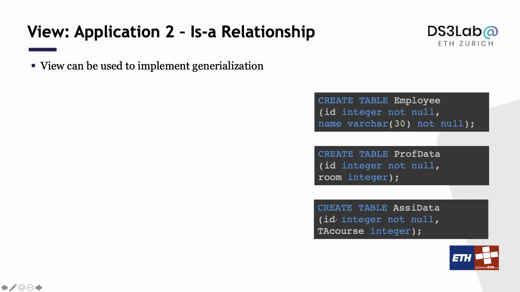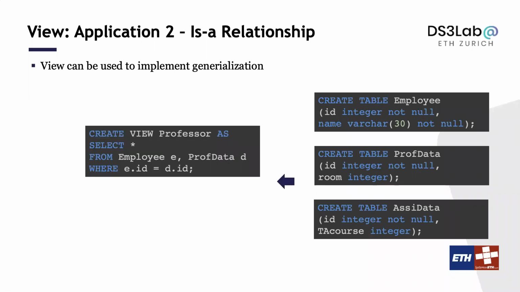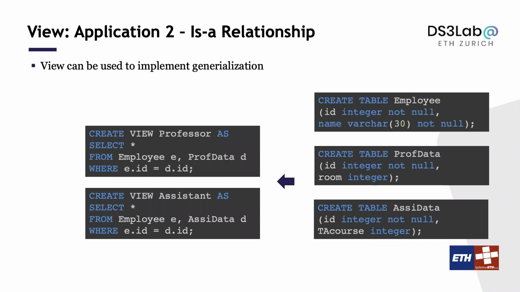Some of them are assistants, so I put the ID here and the course they TA. What if I want a global view of my organization? Here, the professor doesn't have a name. However, whenever you are building applications, you often want that whenever I have a professor, I also have a name.